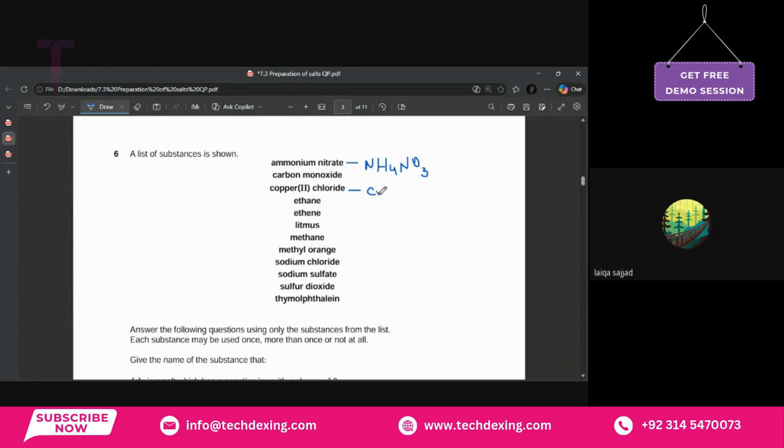It's CuCl2. Then we have sodium chloride, which is NaCl. Then we have sodium sulfate, and it's Na2SO4, right? Yes.